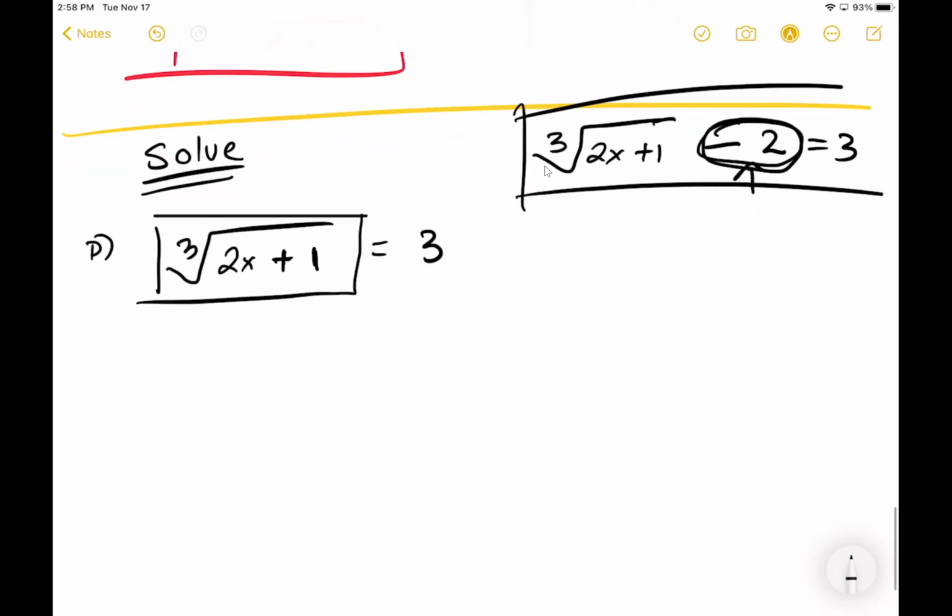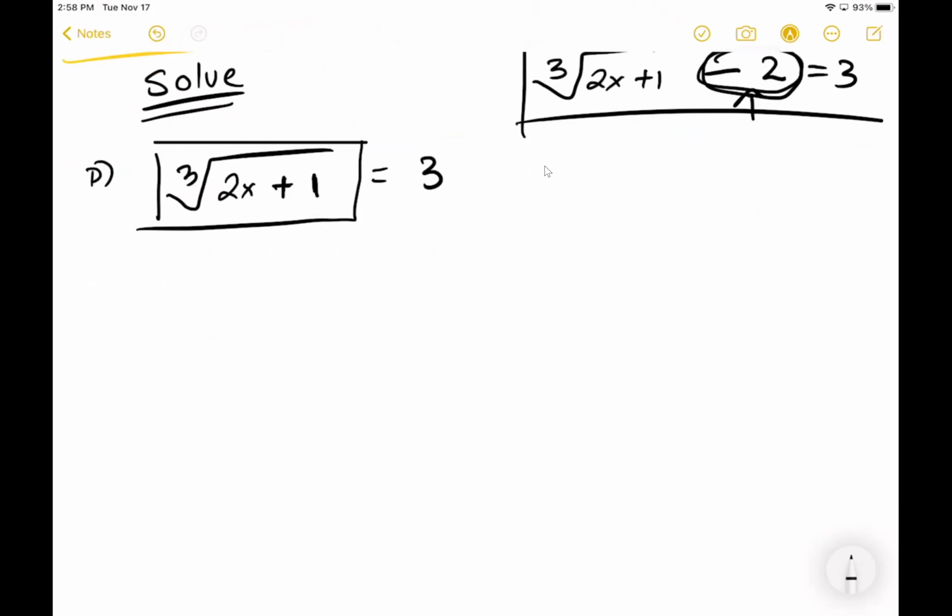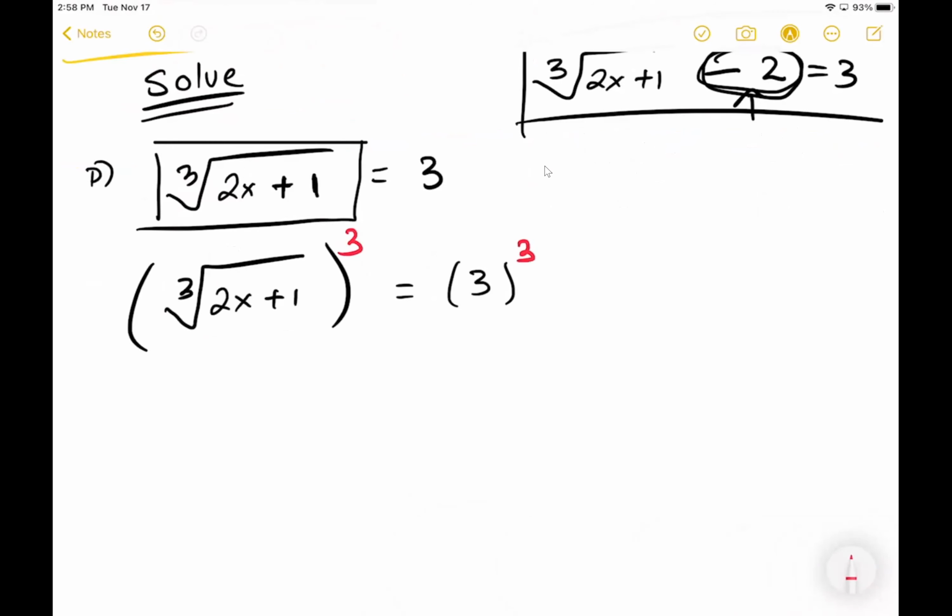What do we need to do? Well, in order for you to do this, remember, if it's a cube root, how do we get rid of a cube root? To get rid of the cube root, you need to raise it to the third power, because the cube root and the third power cancel each other out.